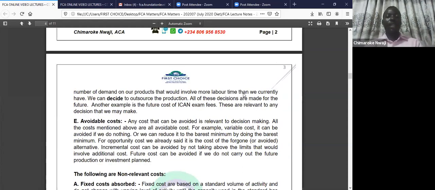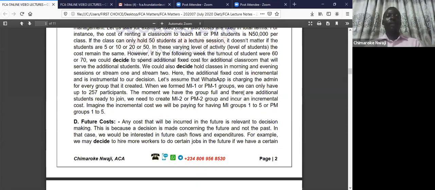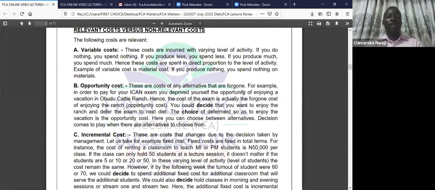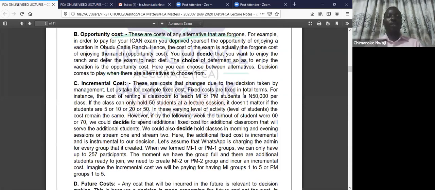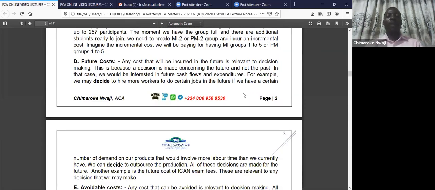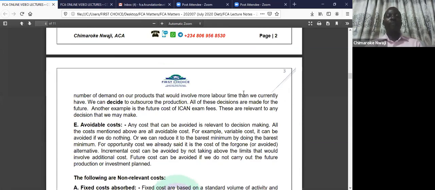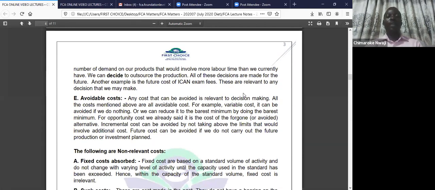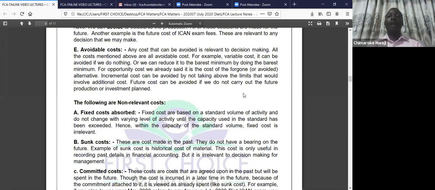So we've seen that incremental costs are avoidable costs, opportunity costs, and variable costs. What about future costs? Are they avoidable? Yes, you can avoid them because they are going to be spent in the future. You can decide one day not to spend it. The money is still with you.